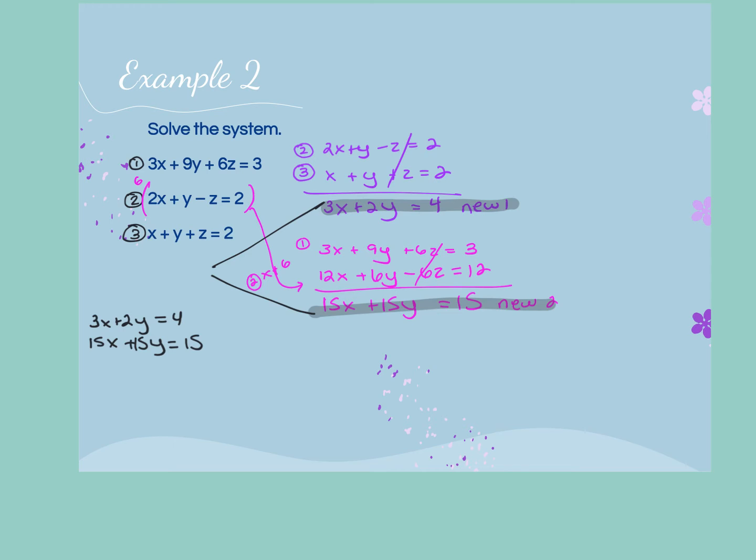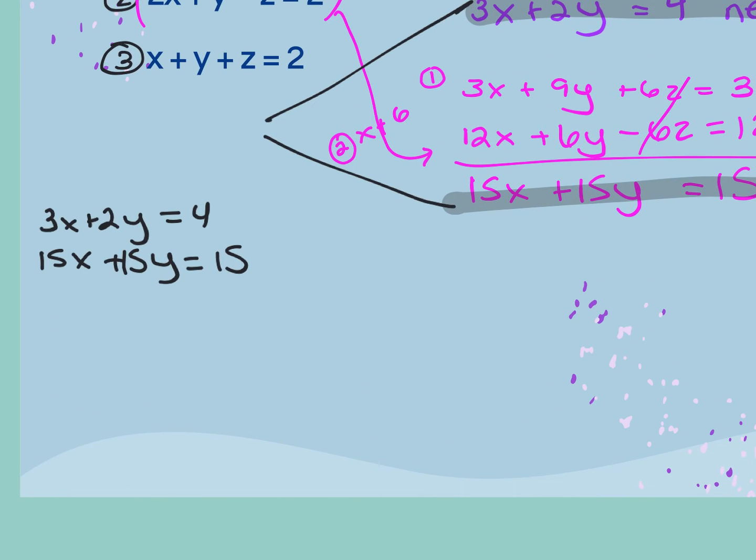And I need to cancel out either the x's or the y's, which is easier to cancel out. The x. So I'm going to multiply the top by negative 5. Negative 15x minus 10y equals negative 20. These cancel. 5y equals negative 5, and y equals negative 1.